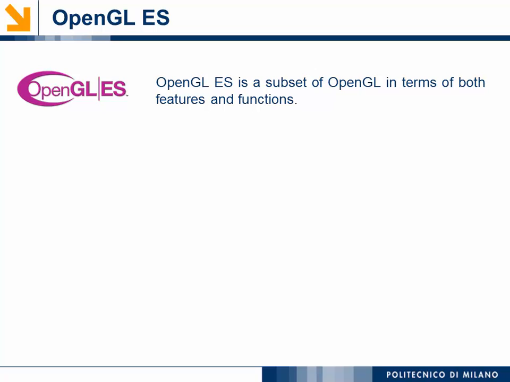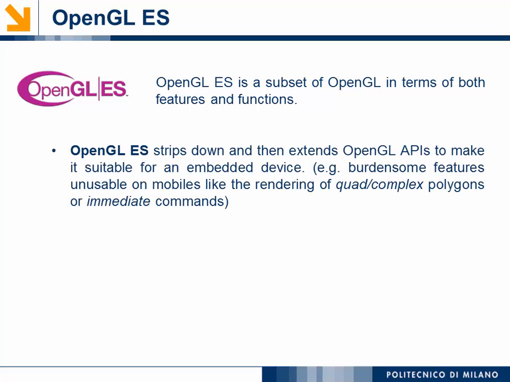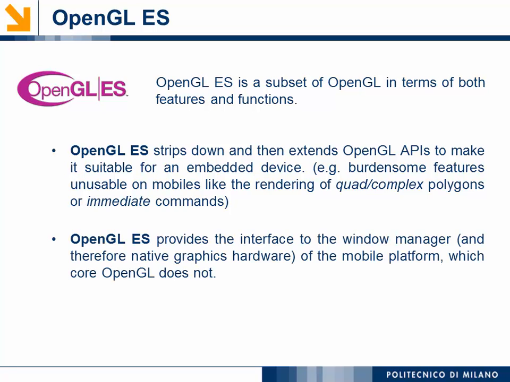OpenGL ES is basically a subset of the functions and features of standard OpenGL. For example, some complex operations concerning quads or other very complex polygonal objects are removed because they are not commonly found on mobiles.